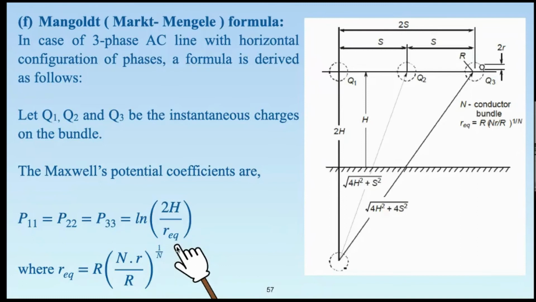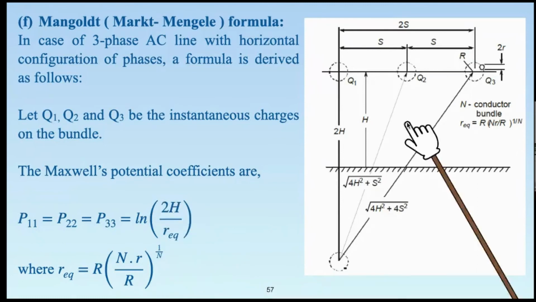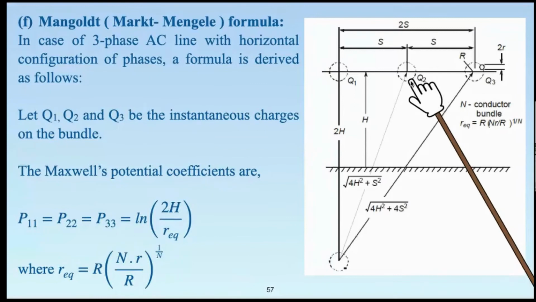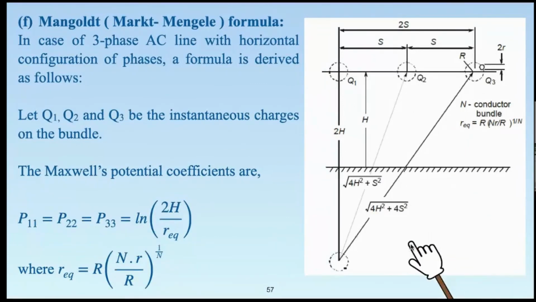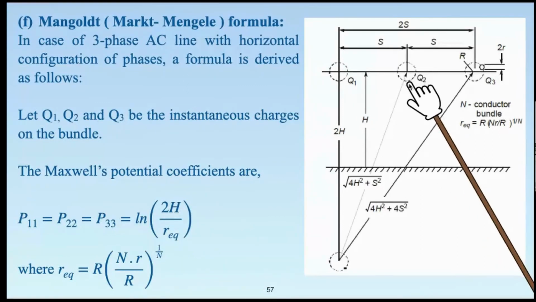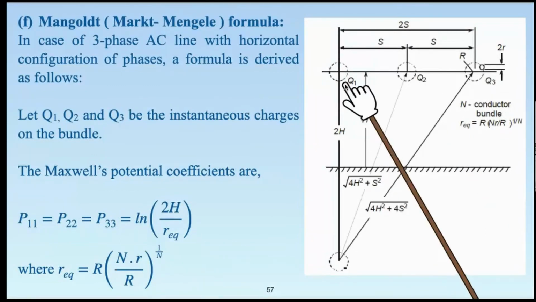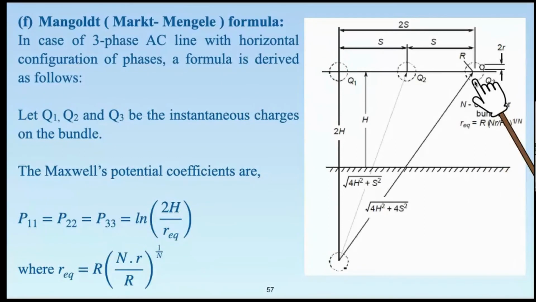Now this same scenario will exist for all the diagonal elements of the Maxwell's potential coefficient matrix, that is P22 and P33. P22 will correspond to the charge Q2. Again, it will have its own image at a distance of twice h, and the distance on the surface of the conductor from its own center is R equivalent, because all conductors have equal radius and are symmetrically located at an equal height with respect to the ground.